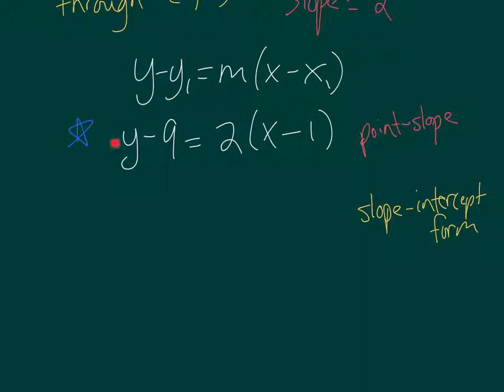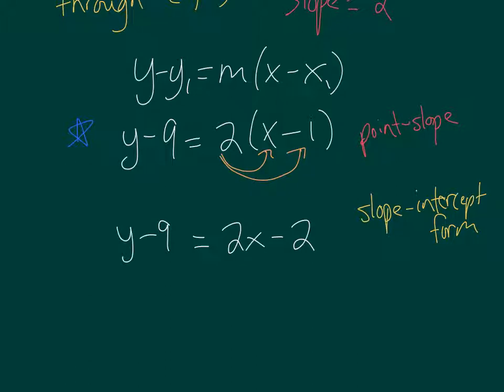All we have to do is focus on getting this y variable all by itself on the left-hand side and simplify the right-hand side. So let's start out by simplifying the right-hand side. I'm going to use the distributive property and multiply the 2 times the x and 2 times the negative 1. And that would just simplify to 2x minus 2. 2 times x makes 2x, 2 times negative 1 makes negative 2. Bring down everything else. Almost there.